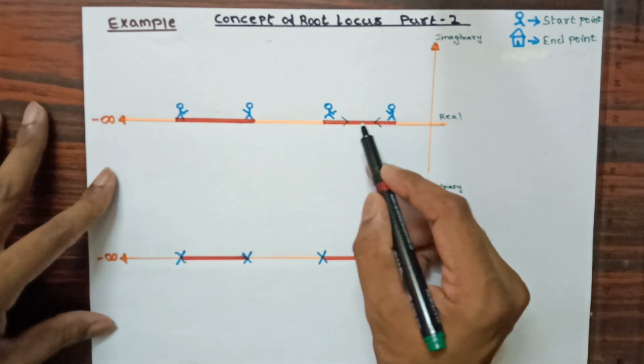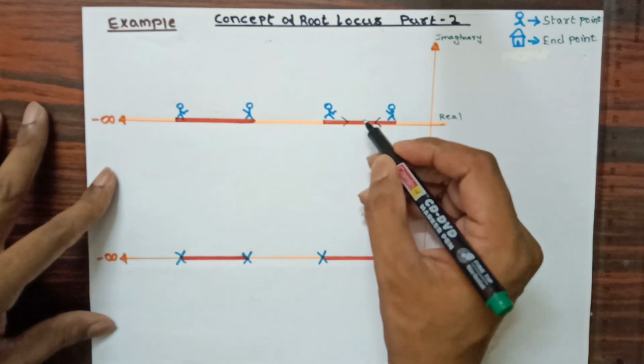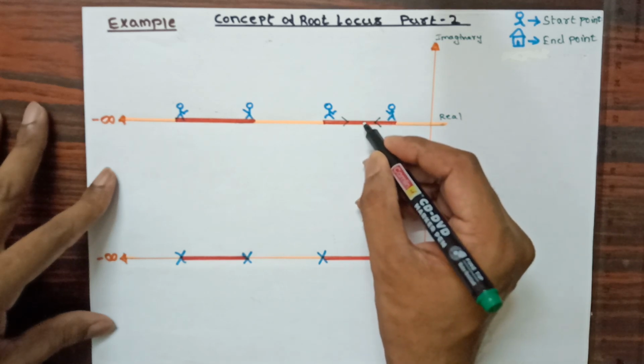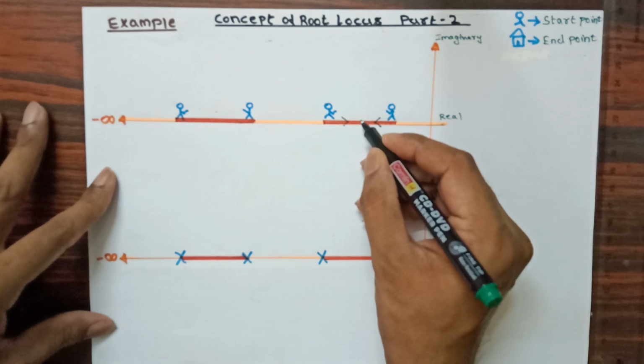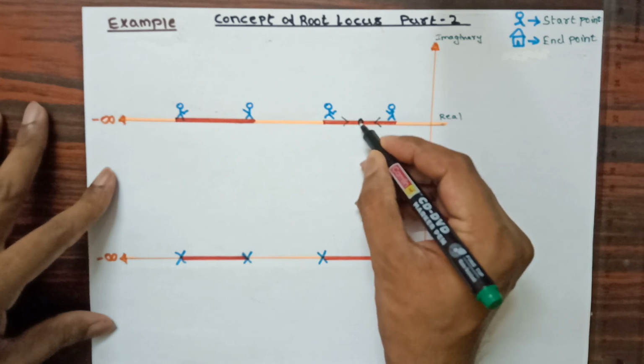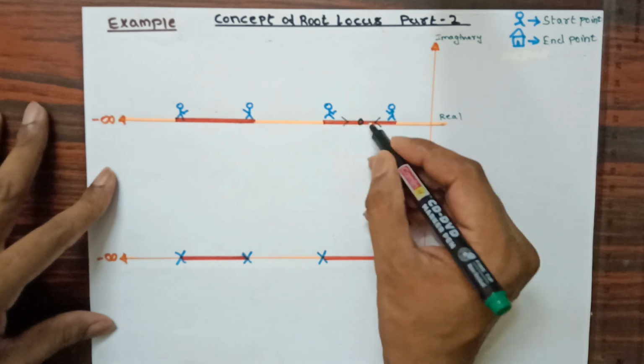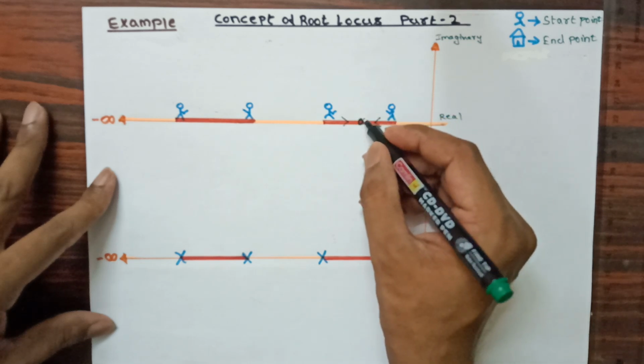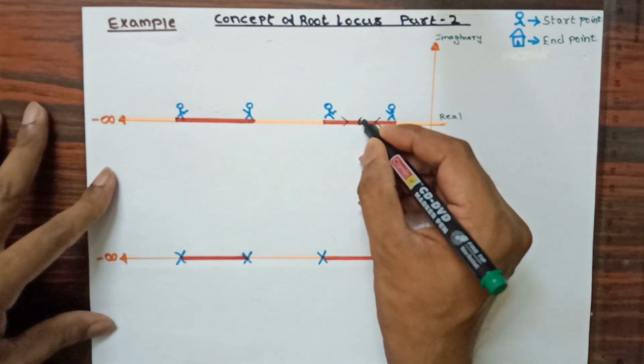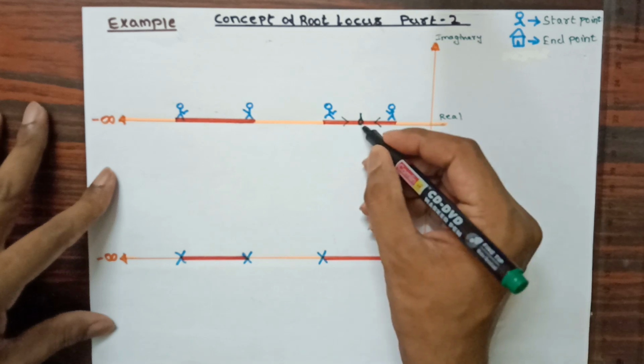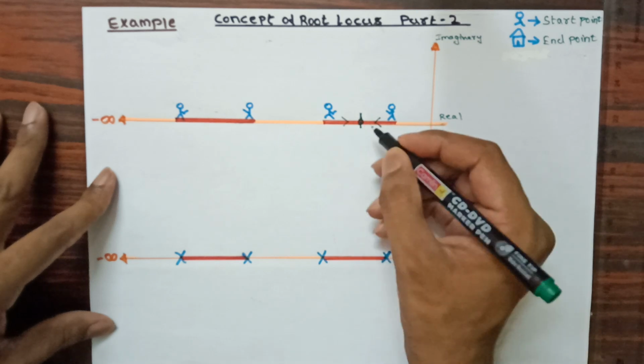In opposite directions they are going to meet at one point, and we know that a point where more than one person meets is called a breakaway point. So I will take an example, a meeting point somewhere here. These 2 persons are going to meet at this point. Once they meet, one moves in the upward direction, as I will show here, and the other person will move in the downward direction.